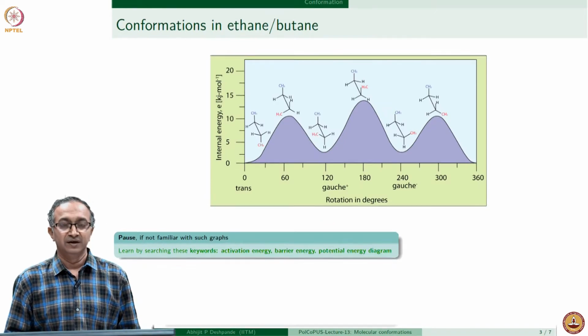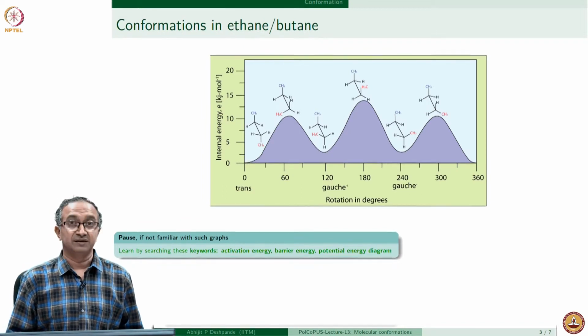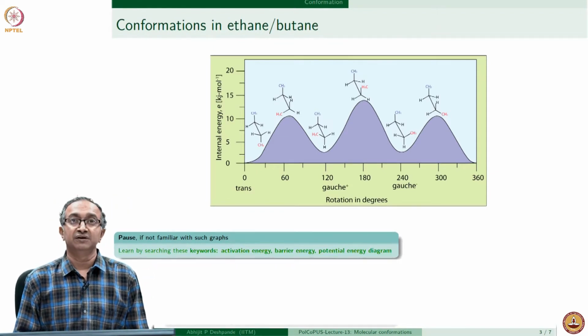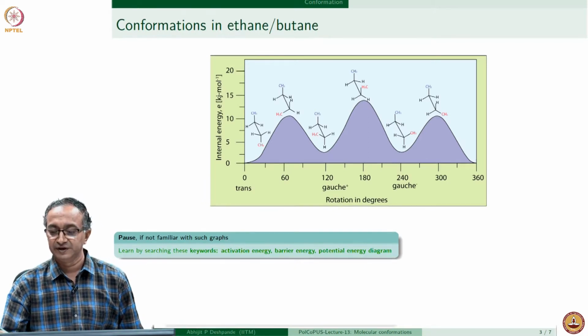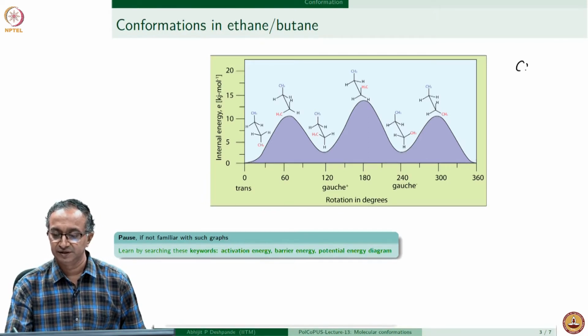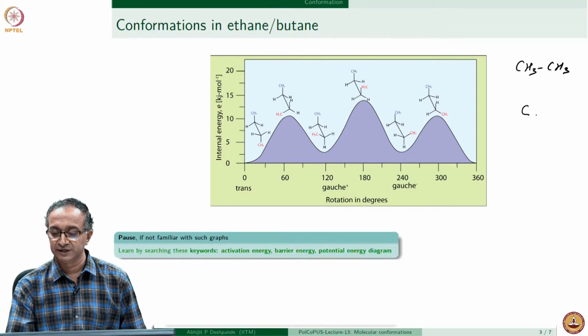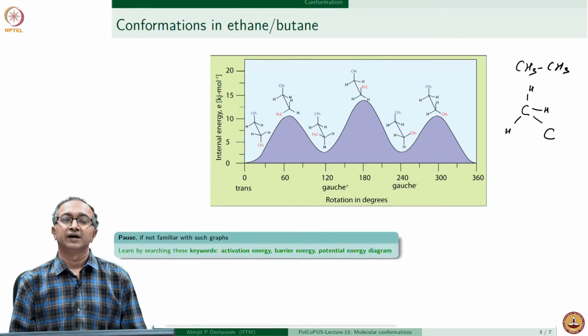So, here even simple molecules like ethane and butane have conformations, and what we mean by that is just the position of different atoms which are there. So, if I were to draw ethane, which is nothing but CH3, CH3, when I say the positions of different atoms, what we mean is there is one carbon atom and another carbon atom, and on each of these I have 3 hydrogens.